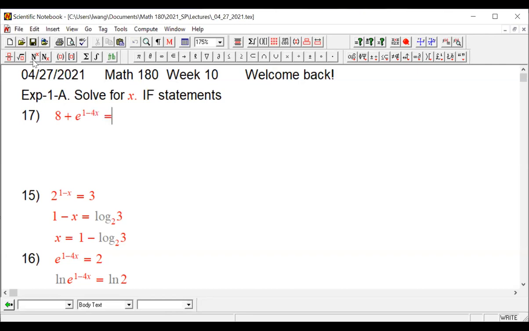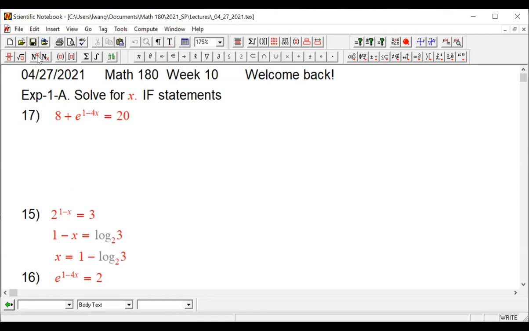You want to combine some terms. For example, I have an 8 here on the left-hand side and a 20 on the other side. So I'm going to subtract 8 on both sides. I get 12. After this step, you take the logarithm.